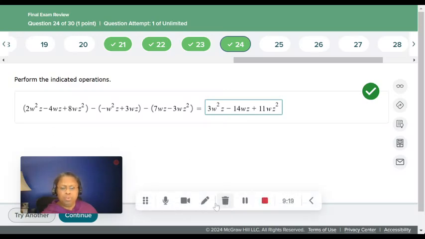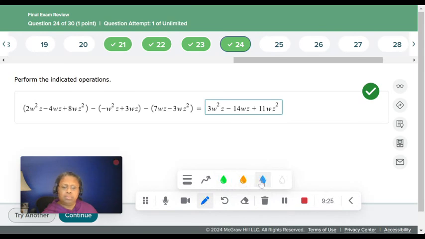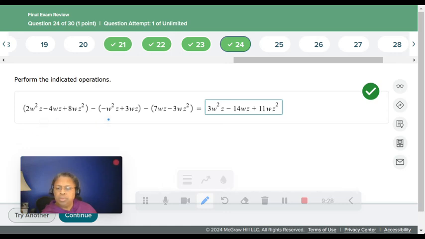I'll stick with blue. Okay, so if we line these up with the like terms, we would have W squared Z right here. And then remember the signs changed. So that's minus 3WZ. It's a tighter space.